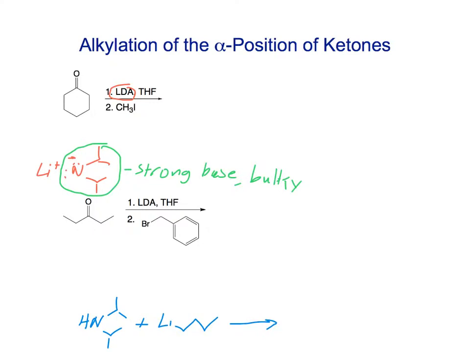So the equilibrium would lie very much to the product side here. Plus, what would be our other product? Oops, I've got a different stylus today, and it's a little tricky to find the point. What would be the other product? Just butane, right?